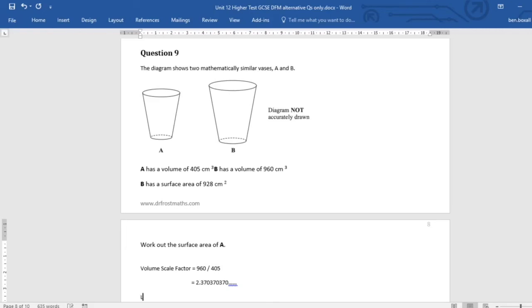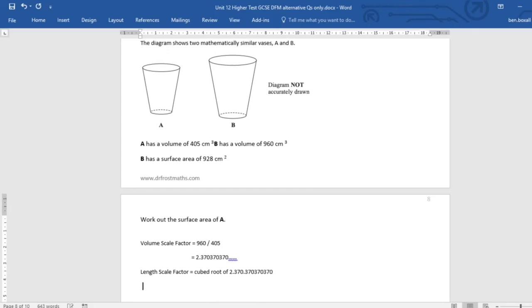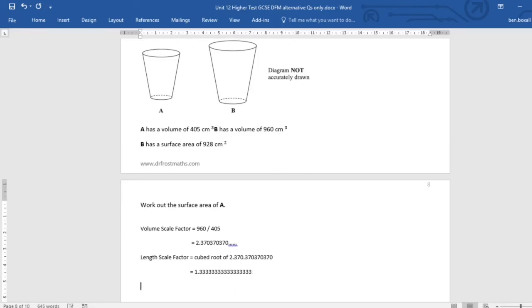So I'm going to cube root this volume scale factor to get the length scale factor. Cube root answer on my calculator, and I get a nice 1.3 recurring answer.